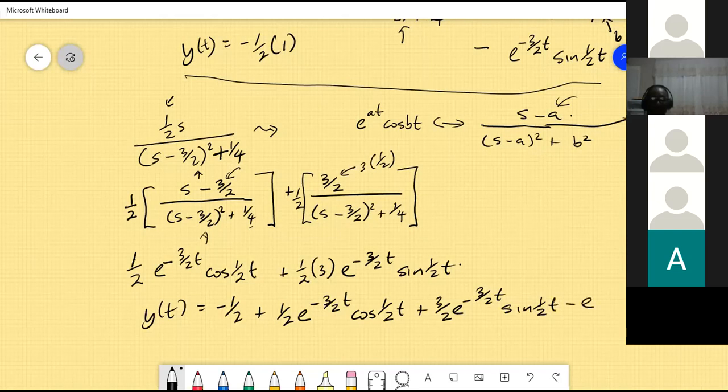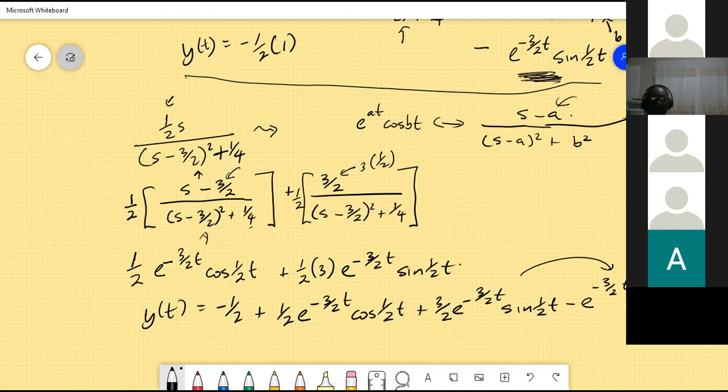Minus e to the minus 3 over 2 t sine a half t, from this portion up here. And we can take these two and put them together: 3 over 2 minus 2 over 2.